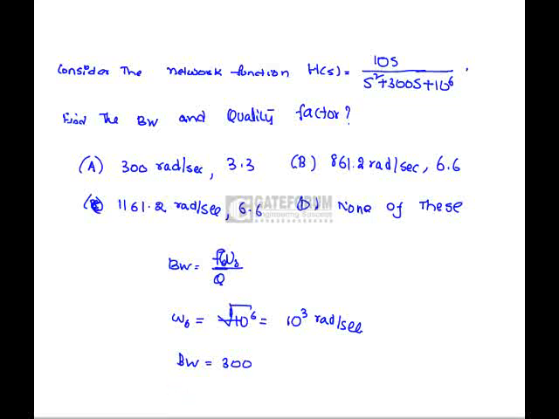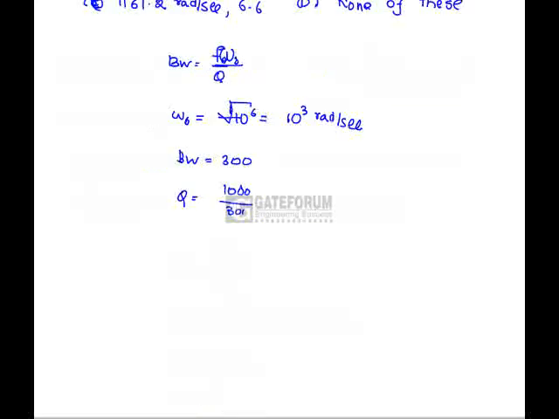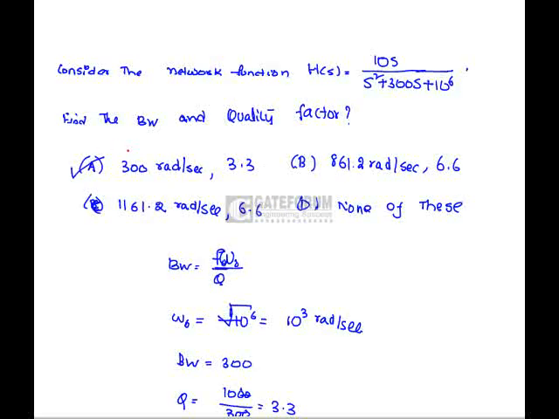So quality factor is nothing but 1000 divided by 300, which is 3.3, hence option A is correct.